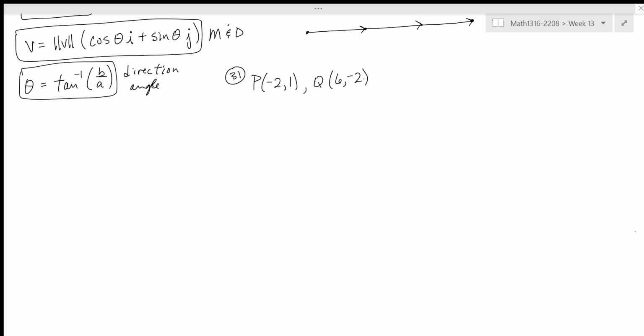That means to express v in the form ai plus bj.